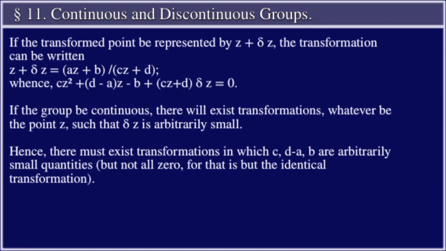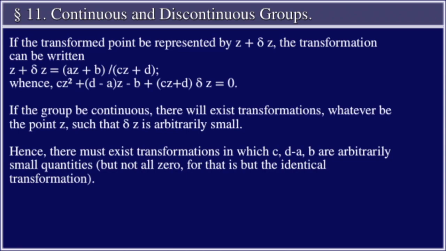z plus delta z equal to the quantity az plus b divided by the quantity cz plus d, whence cz squared plus the quantity d minus a times z minus b plus the quantity cz plus d times delta z equals 0.